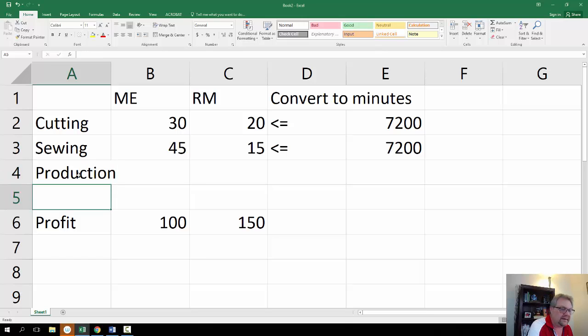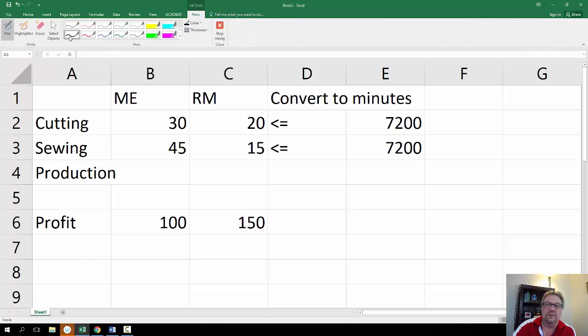Here's the idea. I'm going to get my pen out again because I want to do some writing. They said that the Mount Everest must be greater than or equal to 20% of my total production.